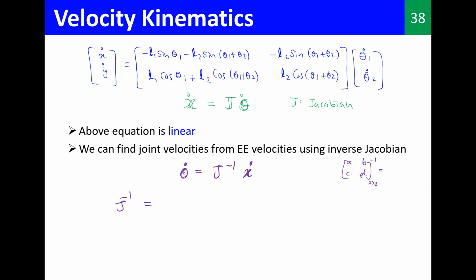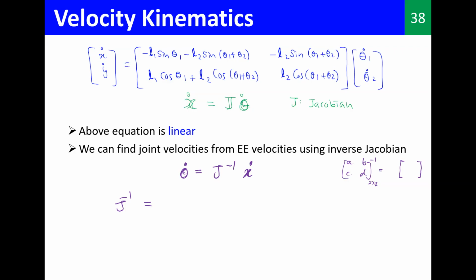This should have been very interesting if we had these physical lectures, but can somebody tell me what's the inverse of this quickly, if you can remember? Adjoint over determinant. Yeah, that is for any matrix, right? That works for 3 by 3, 6 by 6, whatever. But I'm just asking for a 2 by 2.